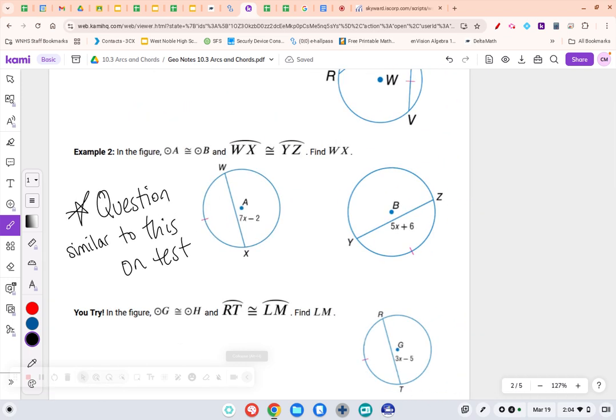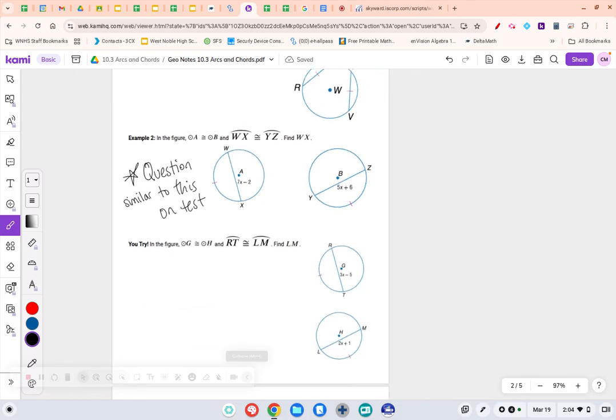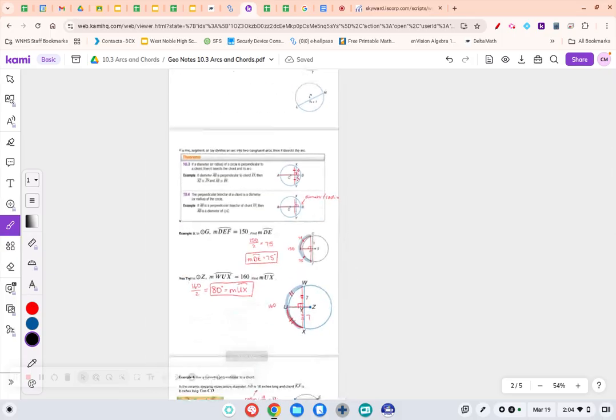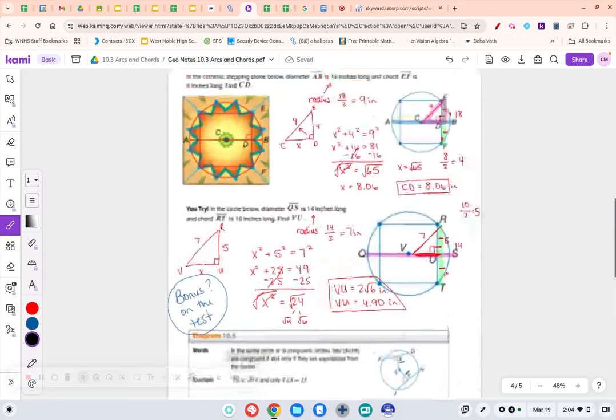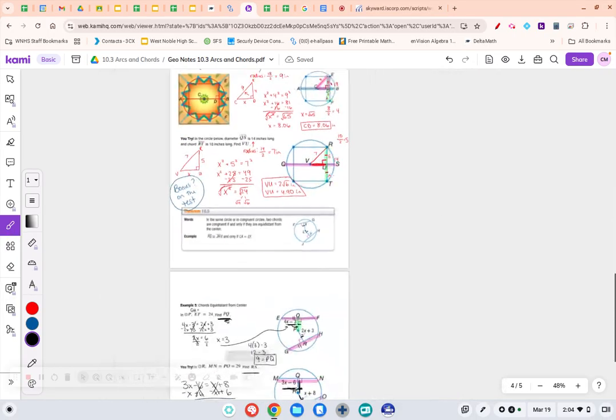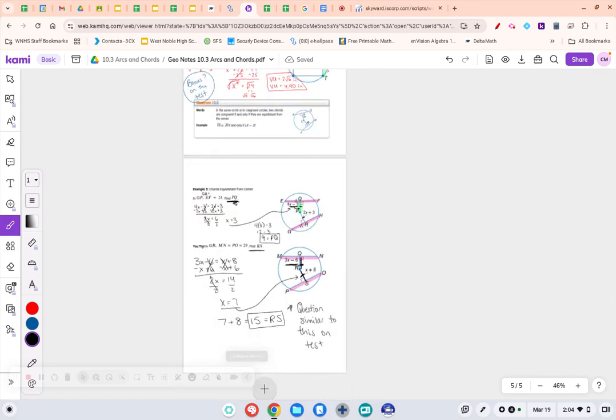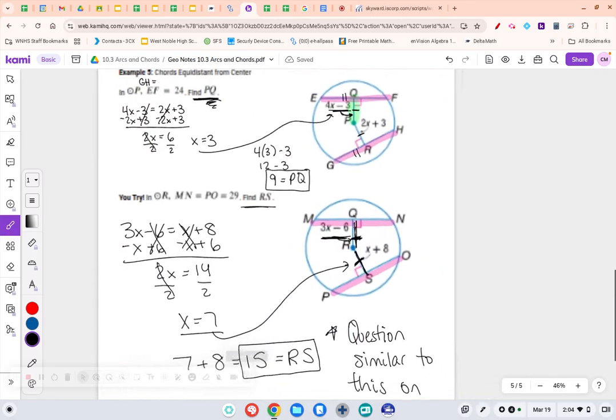Once again, it's not exactly the same, but it solves the same. Although, once again, the question on your test only asks you to solve for x, not to plug it back in. So, those are maybe ones that I would star, along with this being a bonus type question, so that way you can have a heads up on what you can start studying for your test over these sections.